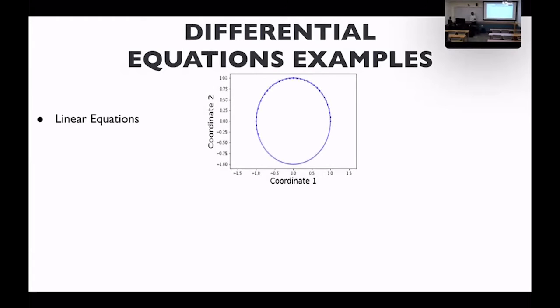What I'm showing you here is a path of one particle. Coordinate starts at (1, 0), and then you run the differential equation. You see that it just goes along. It traverses the path of a circle centered at the origin.